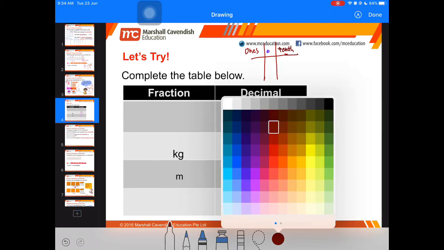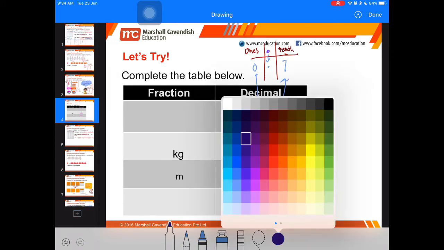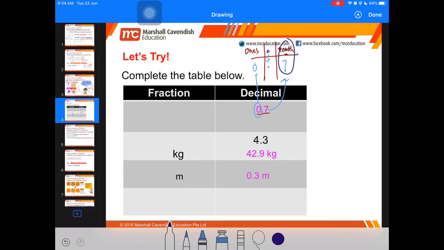So 0 ones, don't forget about the decimal point, and 7 tenths. If you express 7 tenths as a fraction, it is 7 out of 10 equal parts. Tenth means a rectangle is cut into 10 equal parts and 7 of them are shaded.